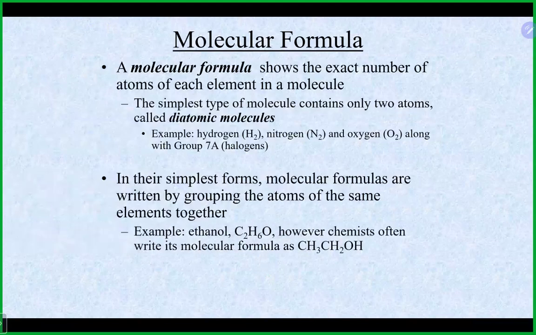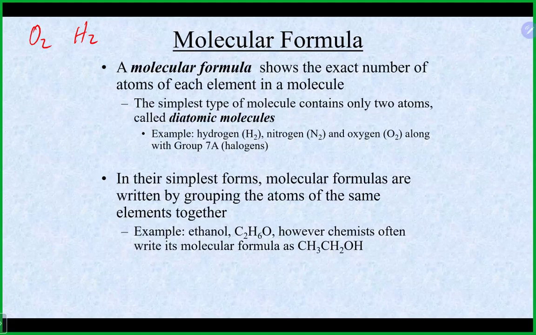So the molecular formula, again, is the one that tells you exactly what is present. The simplest molecular formulas we could have are diatomic molecules, since there's only 2 atoms. So obviously O2, H2, these are all molecular formulas. In their simplest forms, it can give you basically what's present, or it can give you some information.